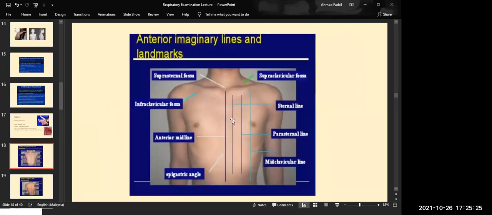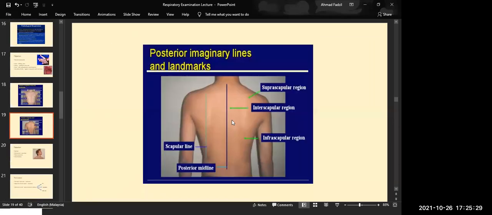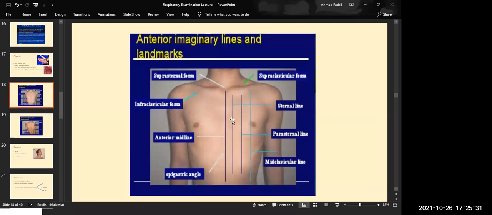And then before you start the second episode, you want to go for the chest, palpation of the chest. You look not only for the zones, you also look at a few things, the imaginary lines, to give you some ideas where you are. This is the parasternal fossa.